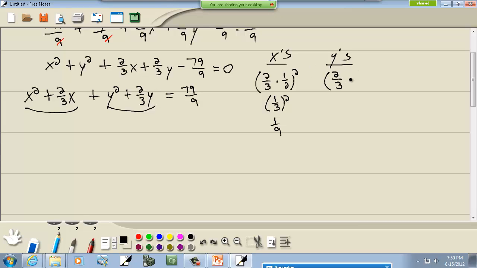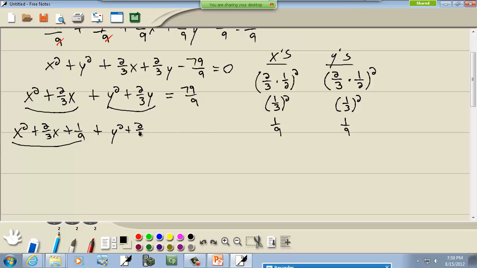So again, we take 2/3 times 1/2, squared. 2's cancel. We got (1/3)², which gives us a positive 1/9. So for the x grouping here, we got x² + 2/3 x + 1/9. For the y's, I got y² + 2/3 y + 1/9.